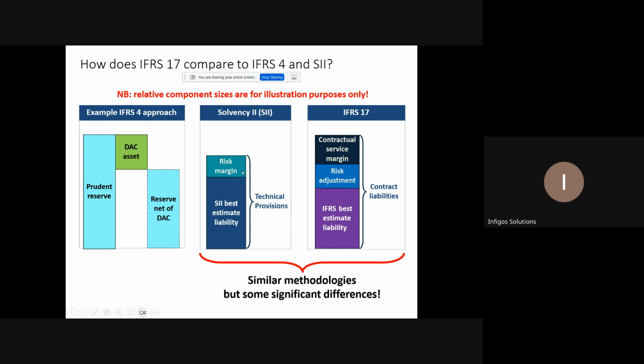Then we have risk management framework, which is called Solvency II. In the risk management framework, we have risk margin and best estimate of liability. So this particular thing had been leveraged here, but calculations are different. And the risk margin has also been leveraged, which has become risk adjustment.